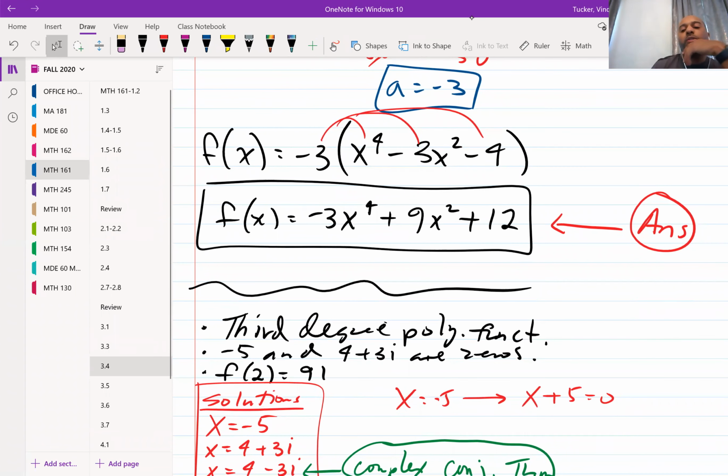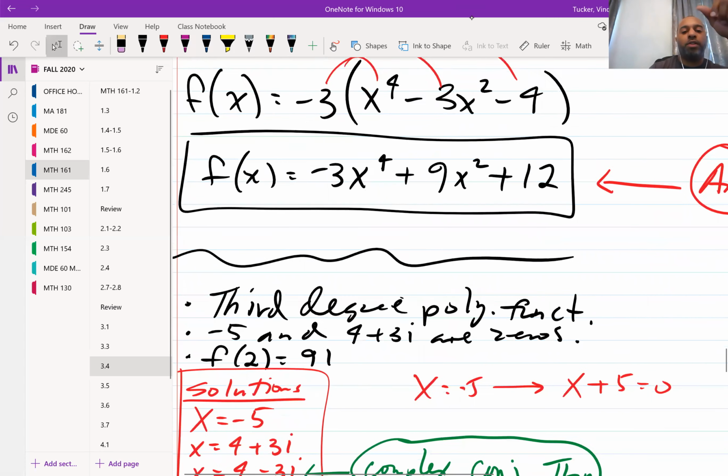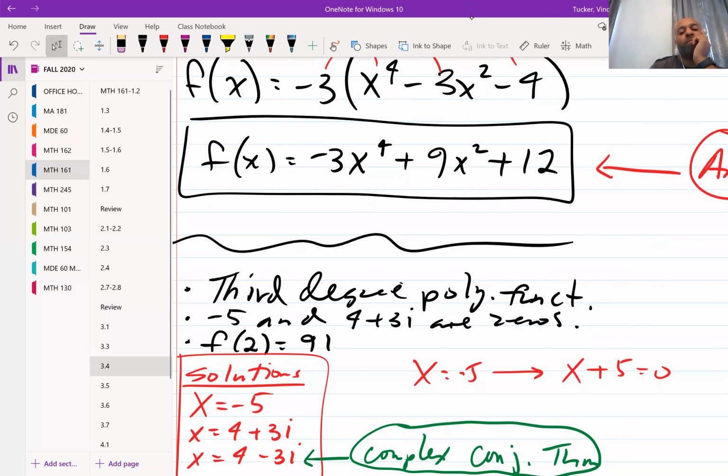All right. So doing the same thing. This time we have a third degree polynomial. They give us two solutions, -5 and 4 plus 3i. And when you plug in 2, you get 91.